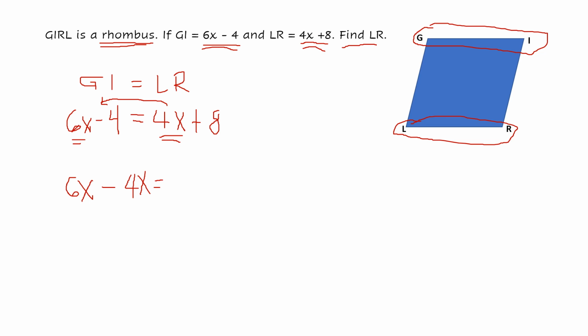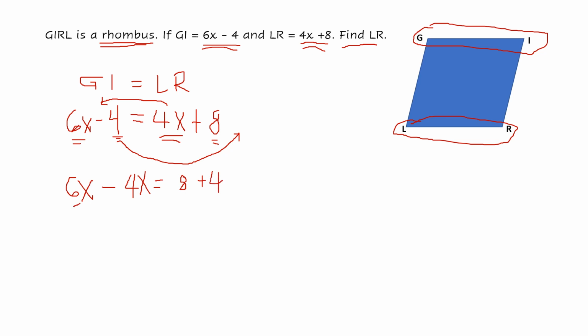And we also know that negative 4 is similar to 8. So to combine negative 4 with 8, let's transpose negative 4 also to the other side of the equation. So it will become 8, and negative 4 becomes positive 4.